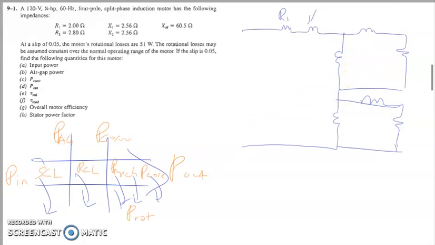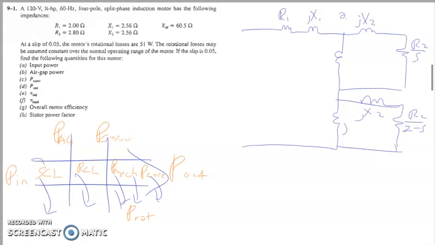Once you draw the schematic, keep it as a reference and write down all the elements involved. The first part is R2 divided by the slip. The second part, the reverse, is R2 divided by 2 minus slip.